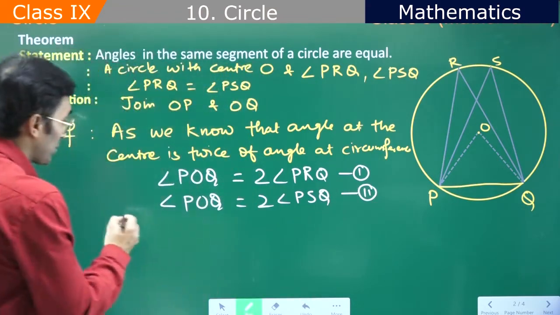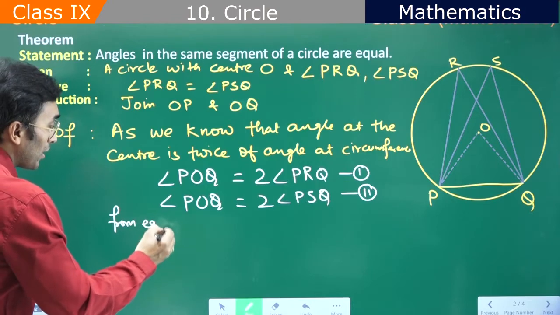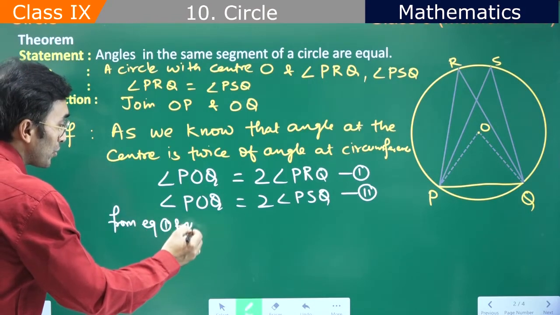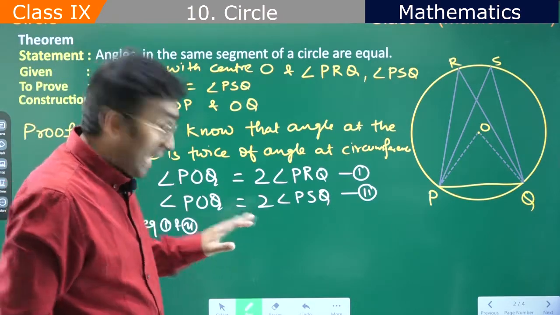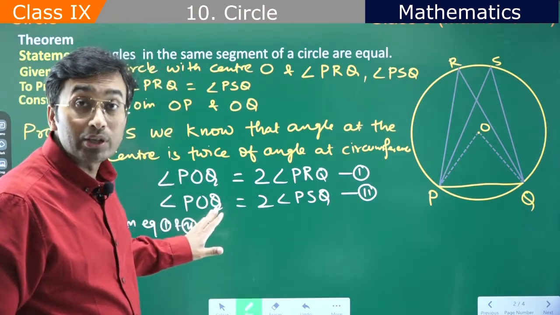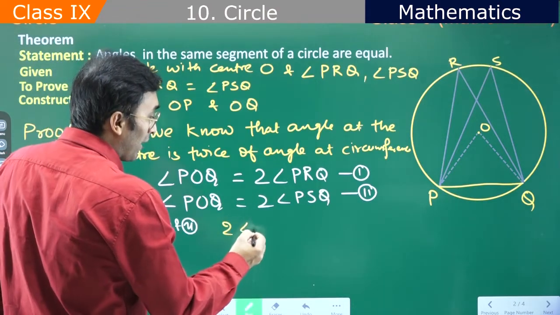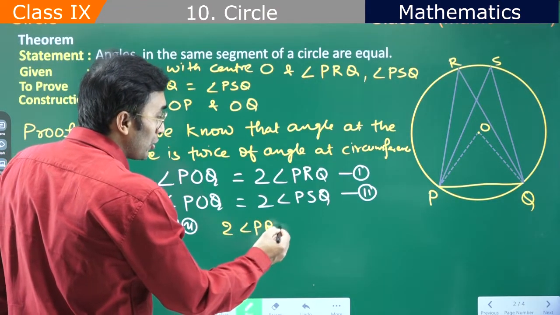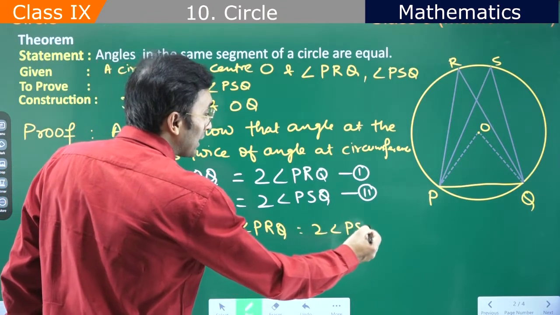From equations 1 and 2, you can see that the LHS of both of them are equal, so the RHS will also be equal. So that is twice of angle PRQ equals twice of angle PSQ.